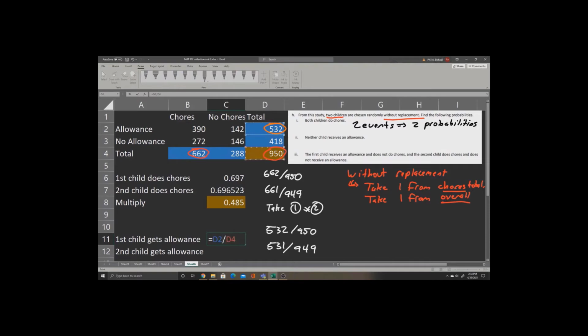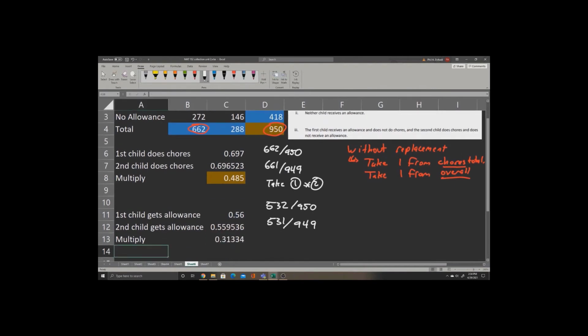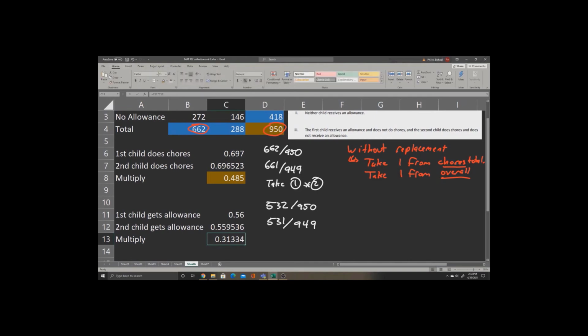First, 532 divided by 950, and next we'll do 531 divided by 949. Again, the probabilities are very close together, but not quite the same. To get the final answer, we multiply. We'll take C11, multiply by C12, and we get the probability that both children in a row get allowance.